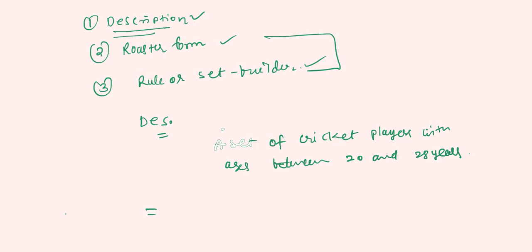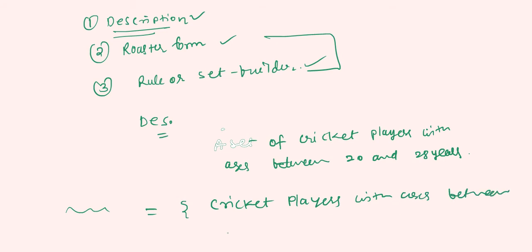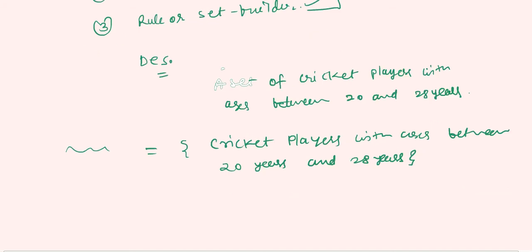So required set equals to cricket players with ages between 20 years and 28 years. So like this we have to write in description method. Then the next is roster and set builder, which I will explain in exercise.